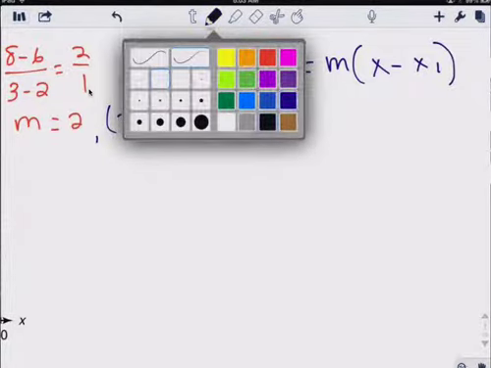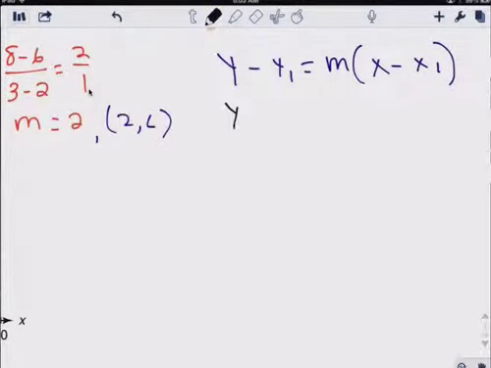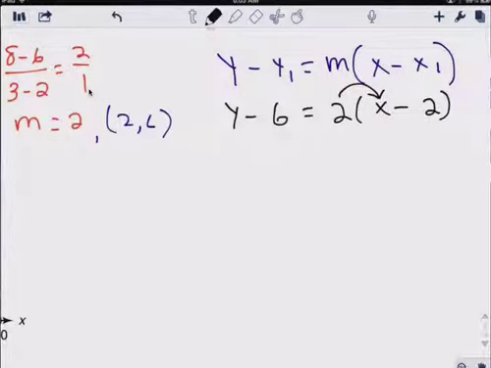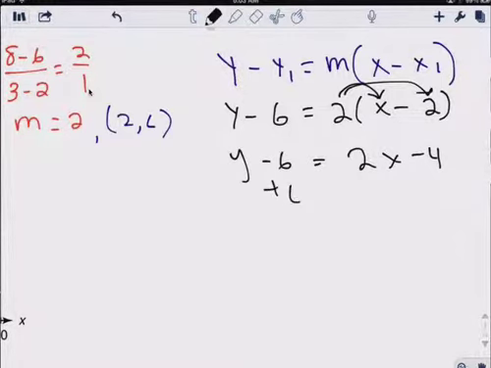Okay, so y minus 6 equals 2 parentheses x minus 2. Not add 6 yet, we do that last. Always parentheses first. Add 6, add 6.